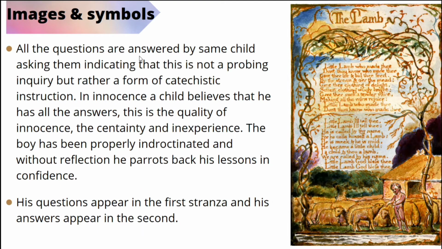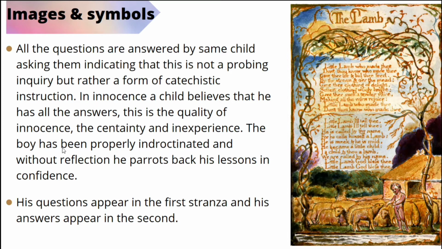All the questions are answered by the same child asking them, indicating that this was not a probing inquiry but rather a form of catechistic instruction. In innocence, a child believes that he has all the answers. This is the quality of innocence, the certainty and inexperience.